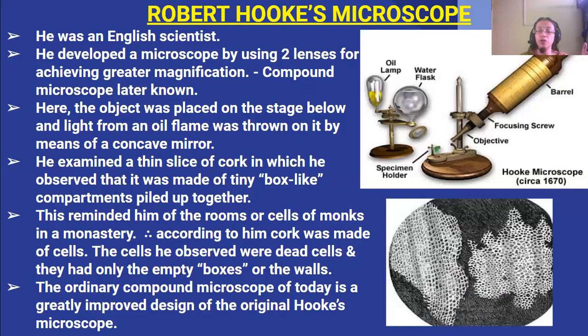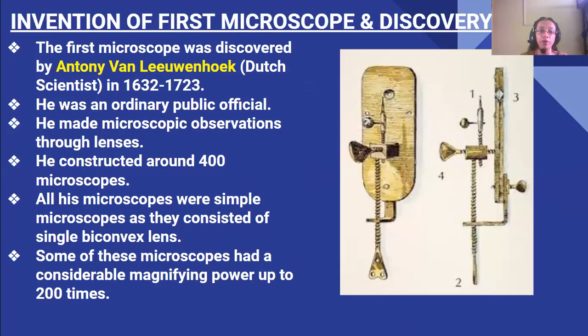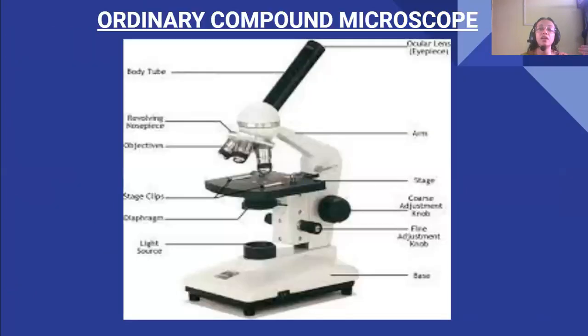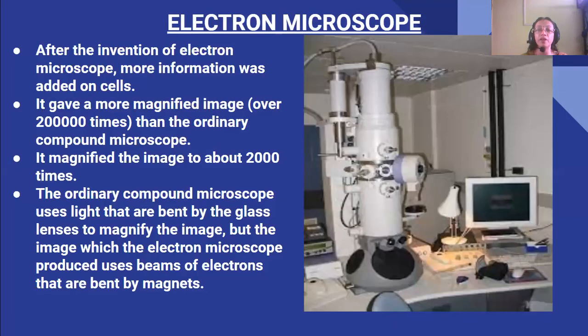First was Anthony van Leeuwenhoek, then it was Robert Hooke who discovered the microscope, and later the ordinary compound microscope. Then the electron microscope was discovered, where the image which we see under the ordinary microscope can be seen in a much more magnified way.